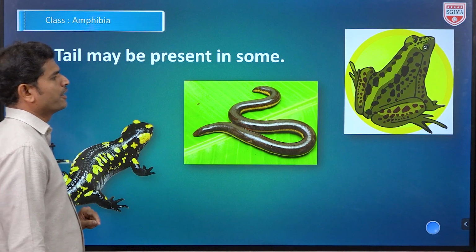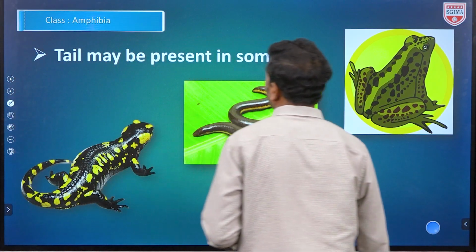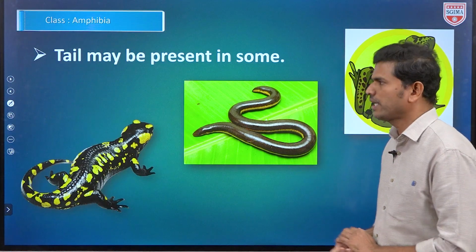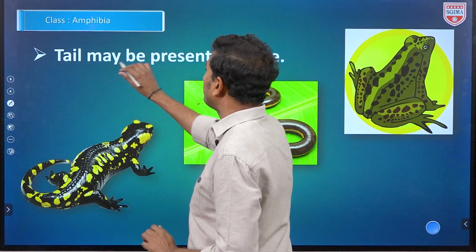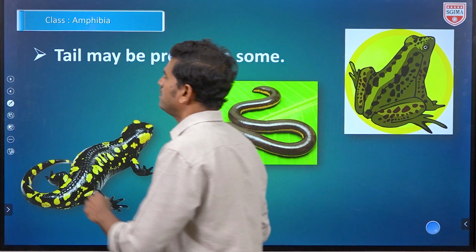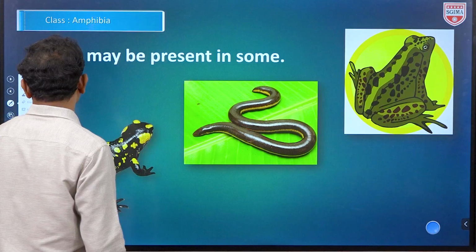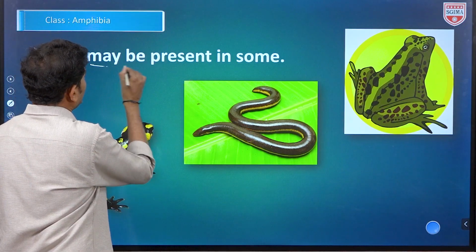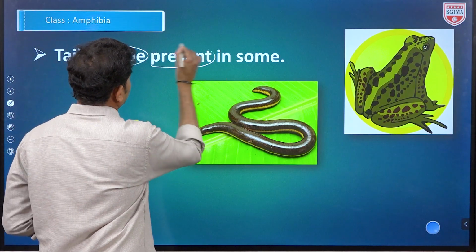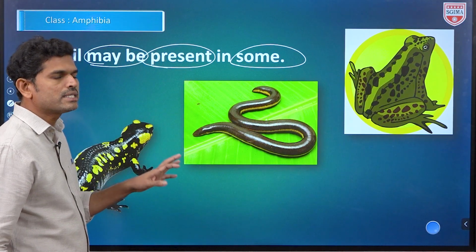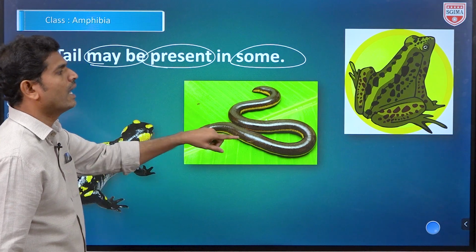Another point they have given is whether the tail is present or not. Let us see that the tail may be present in some organisms, but they did not mention that all organisms contain the tail. The tail may be present in some organisms; it is not present in all organisms.